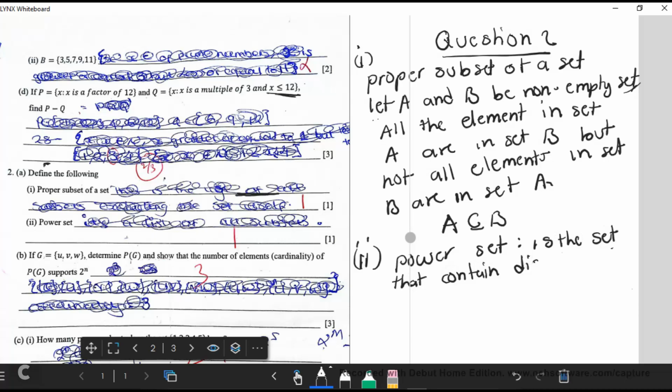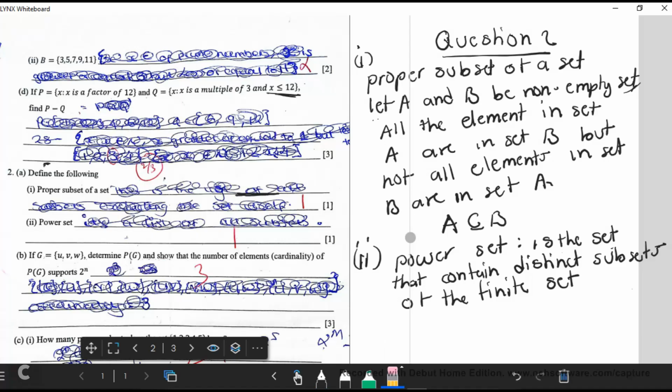Distinct what? Subsets. Distinct subsets of the finite. Of the finite what? Of the finite set. That's what we call the power set.